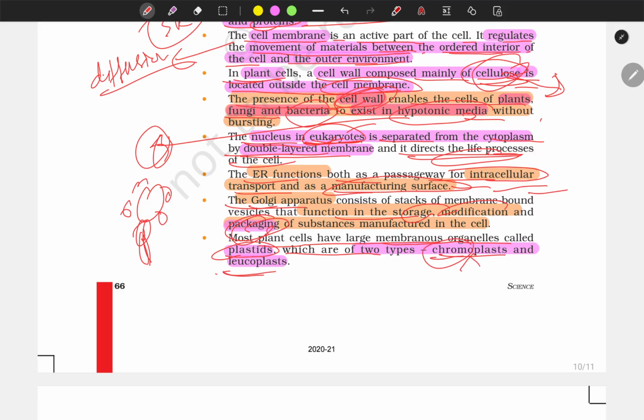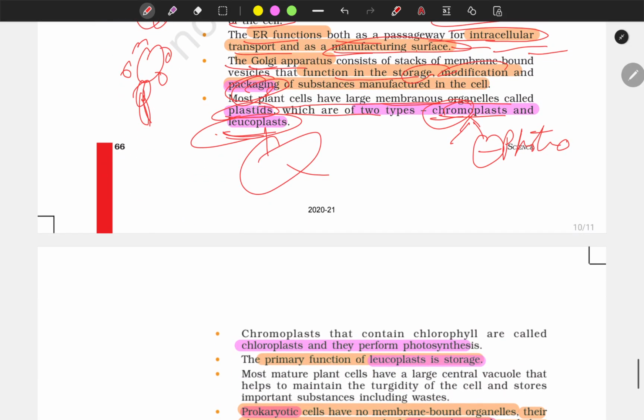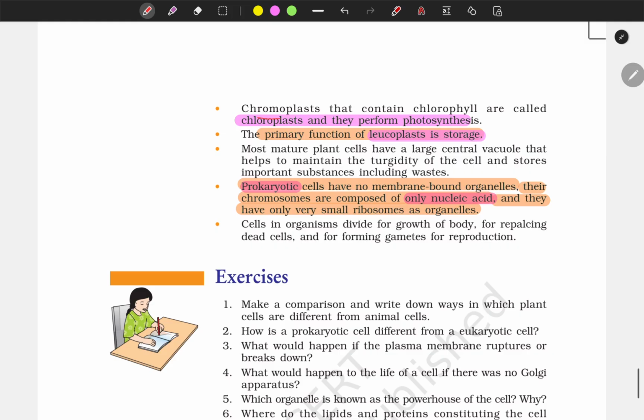Chromoplast gives color, and its function is also photosynthesis. It also has chlorophyll in it. Leucoplast is the storage one, it stores fat, oils and all that. Chromoplasts containing chlorophyll are called chloroplasts. They perform photosynthesis. The primary function of the leucoplast is storage.